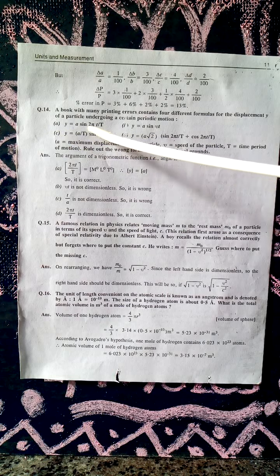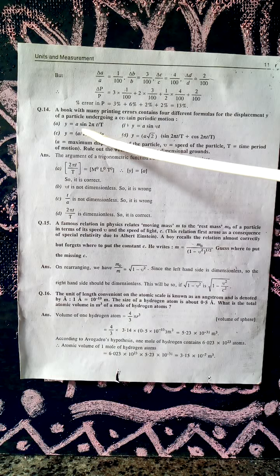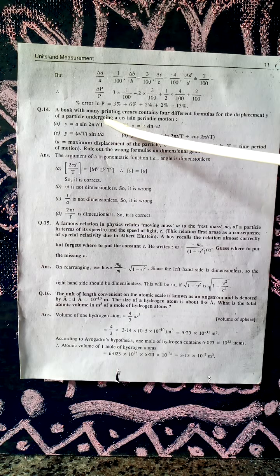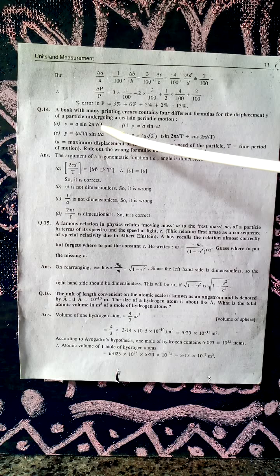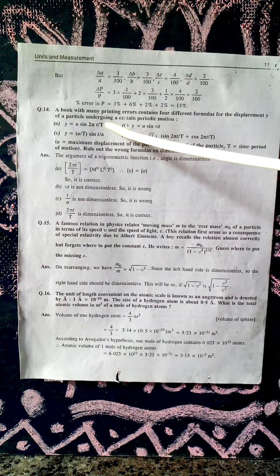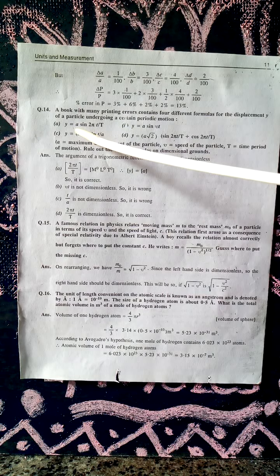So y is equal to a sine 2 pi t by T. Sine of this function is a constant, so it is dimensionless. M power is 0, L power is 0, T power is 0. Then y is equal to a, so this equation is correct.